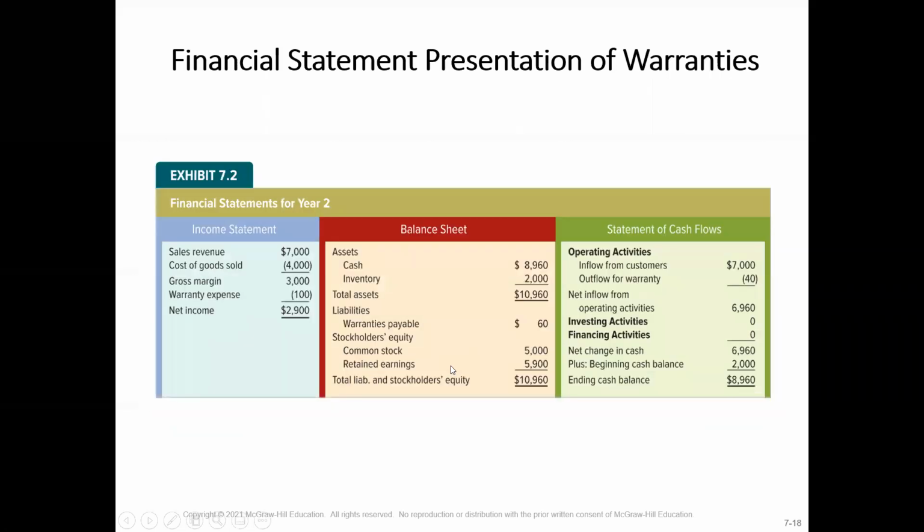So what they show now is the financial statement, our presentation of warranties. They are a liability. And in this financial statement for year 2, the events we've had going up to this point, for year 1, we had the issuance of a note payable, but that note payable got paid in year 2.